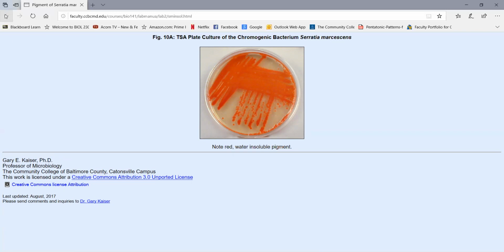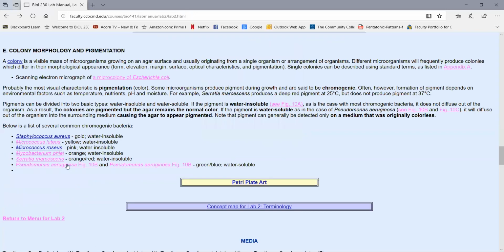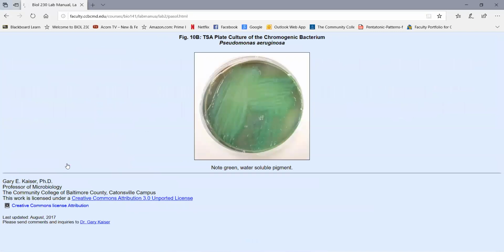And there's a couple other demos you can look at there as well. Now, Pseudomonas, remember, produces the green water soluble pigment, where the pigment diffuses out into the agar, turning the agar green. So that would be described as a green water soluble pigment. And that is one of the key tests to help us identify Pseudomonas aeruginosa, as we'll see later on in Lab 12 and briefly in Lab 3.